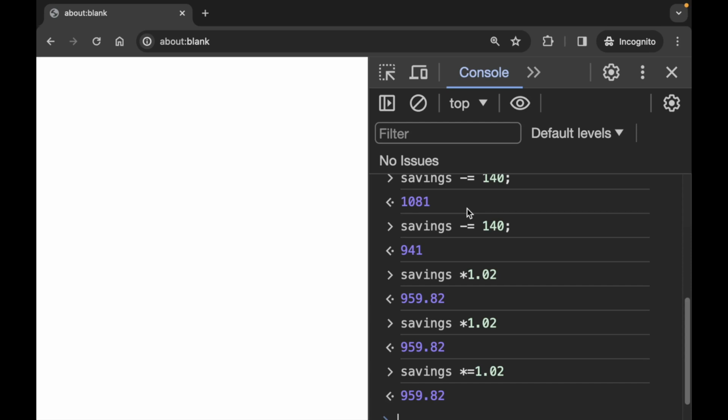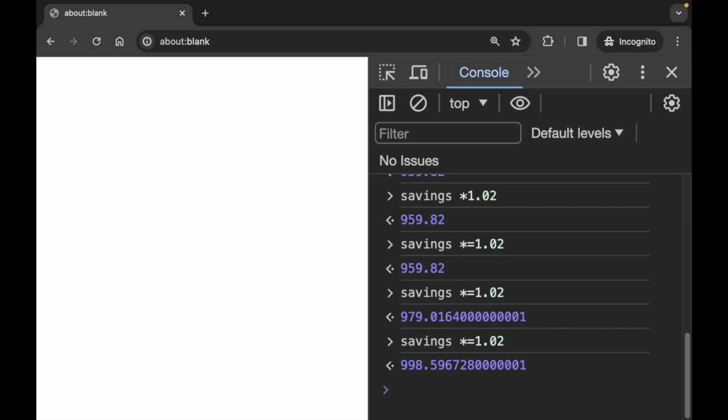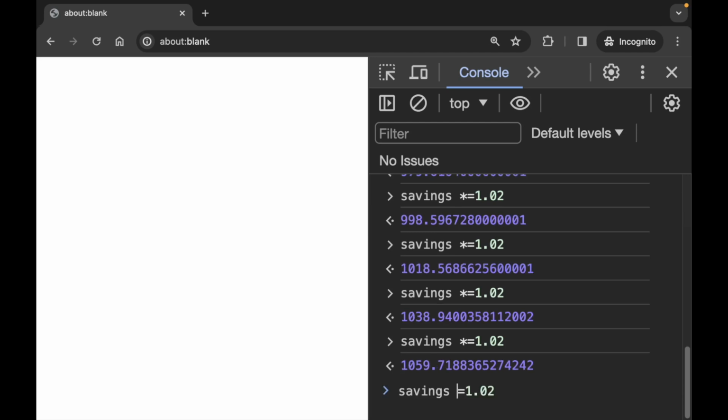So now if we have a multiply equals, it'll do the same thing. We can keep running this and adding in that multiplication. And the same thing happens if we do division.